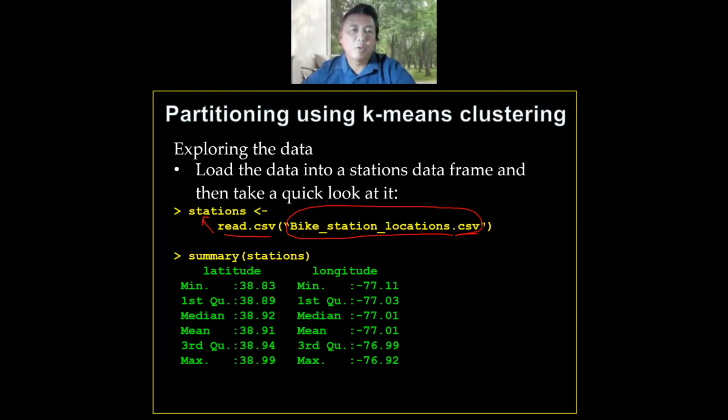And if I want to look at the summary of my data, I just type summary, and this is the station that I get from here. So it will tell you that you will have these two features, latitude and longitude. Basically, this data contains the GPS position of each of the bike stations.